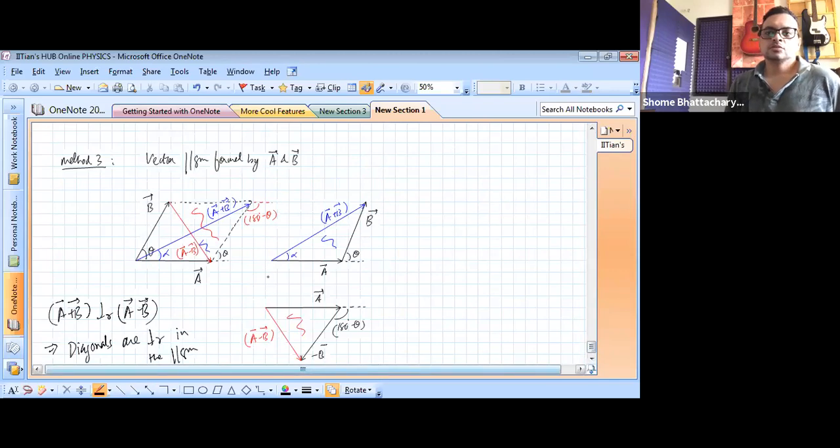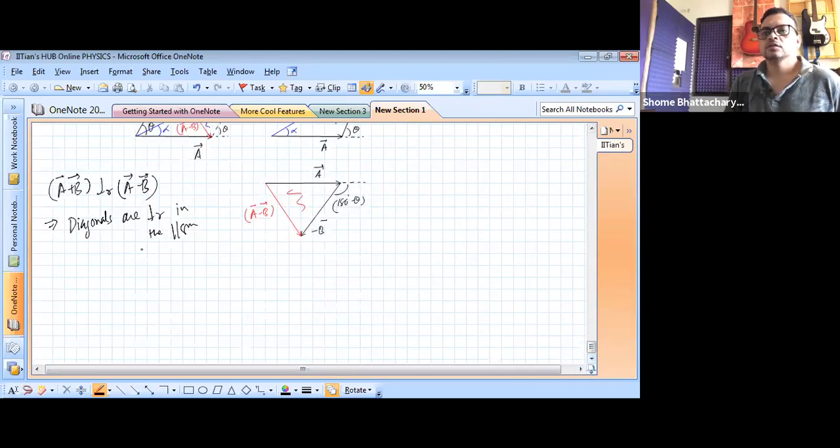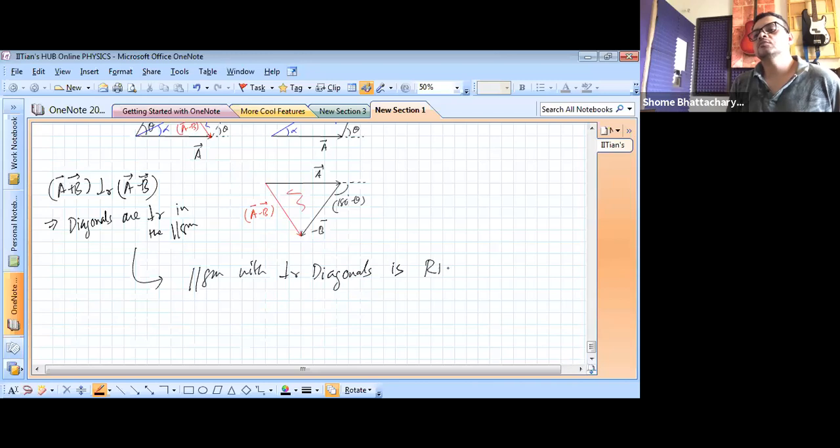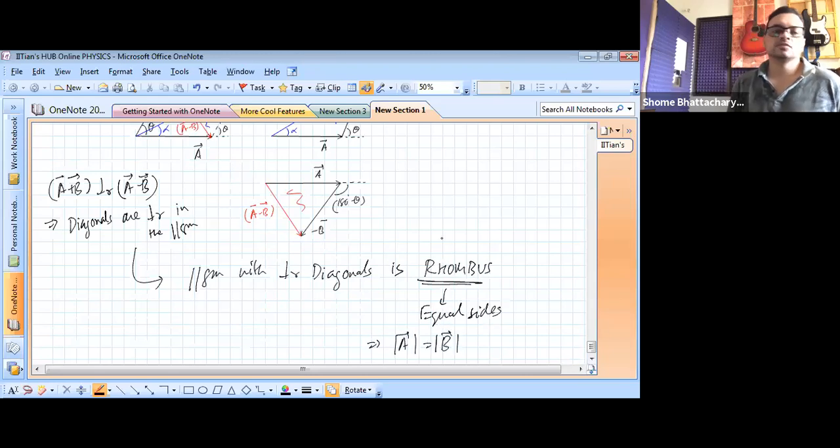So we know that whenever the diagonals are perpendicular, the particular parallelogram by definition has to be a rhombus. So a parallelogram with perpendicular diagonals is definitely a rhombus, that is, equal sides. That means mod A is equal to mod B, which was given as 5.